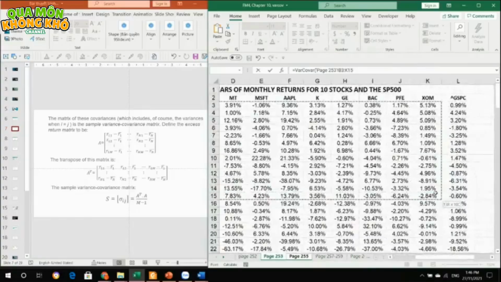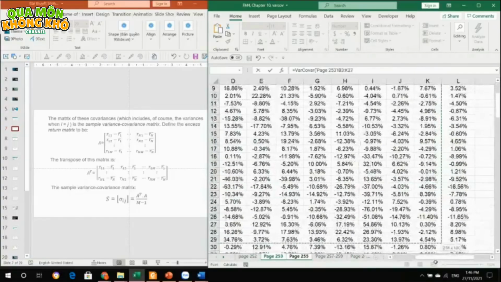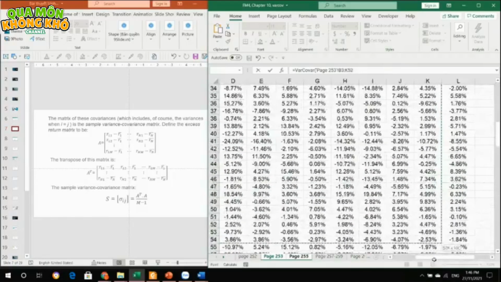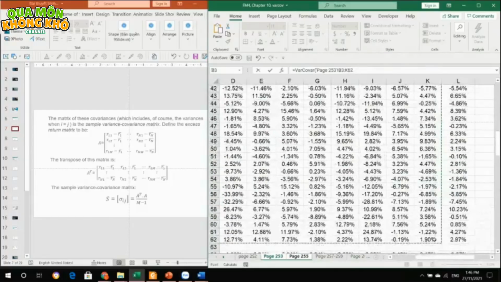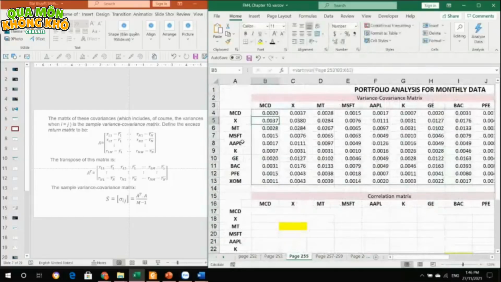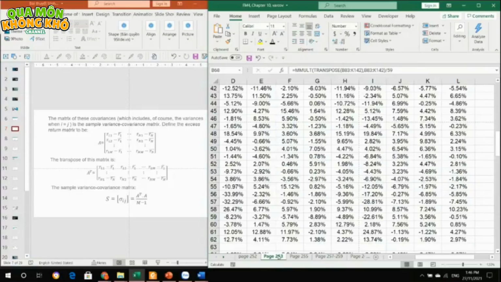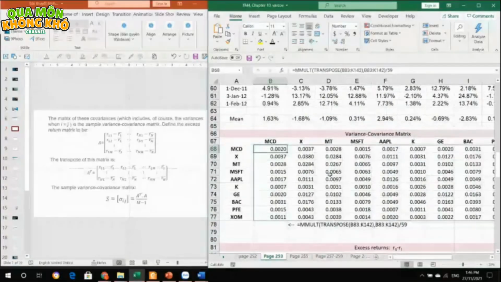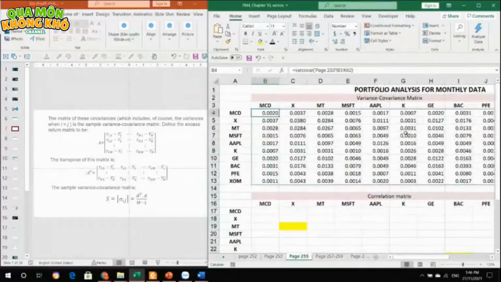We ignore the S&P. And you will see the value here equals this value. So it is the same.